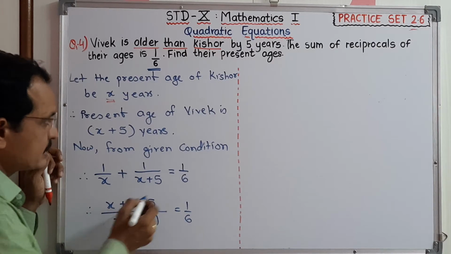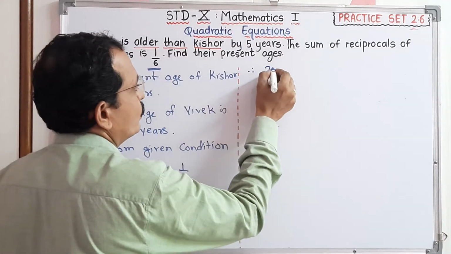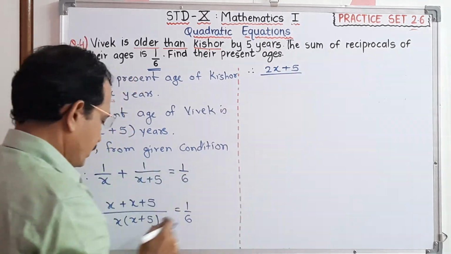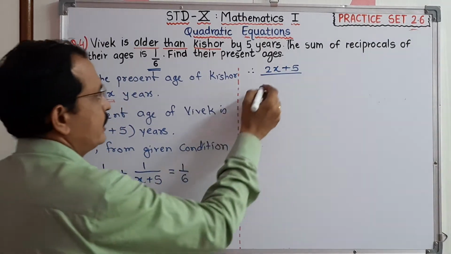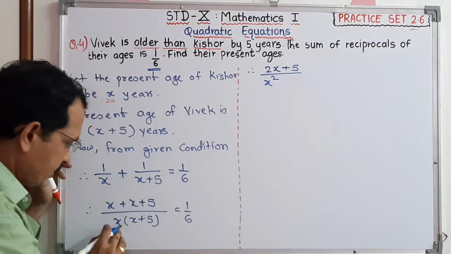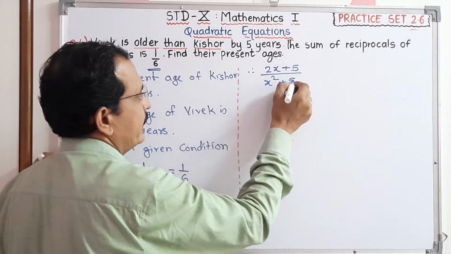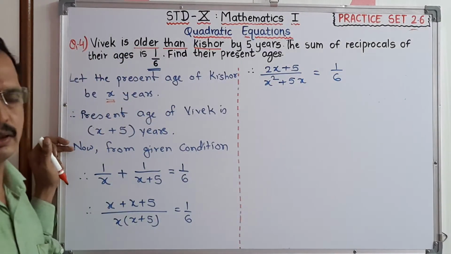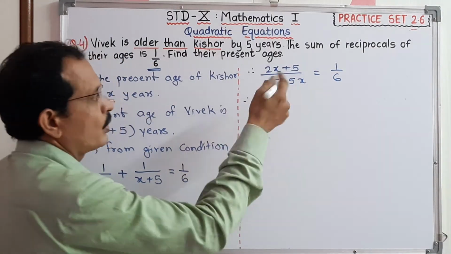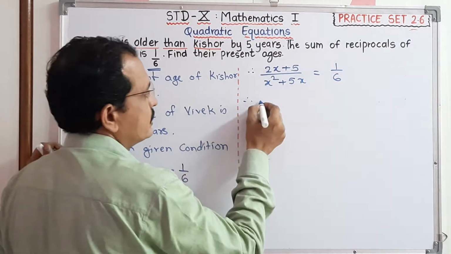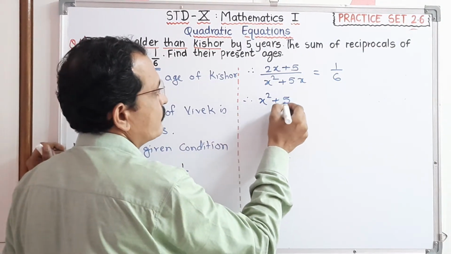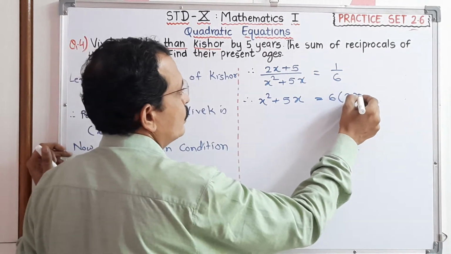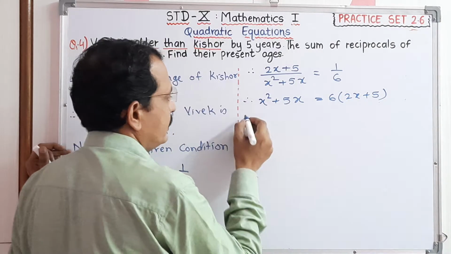Now this x plus x is 2x plus 5, then x into x is x square, and x into 5 is 5x, is equal to 1 upon 6. Again, we have to do the cross multiplication. Here it is x square plus 5x is equal to 6 into 2x plus 5.